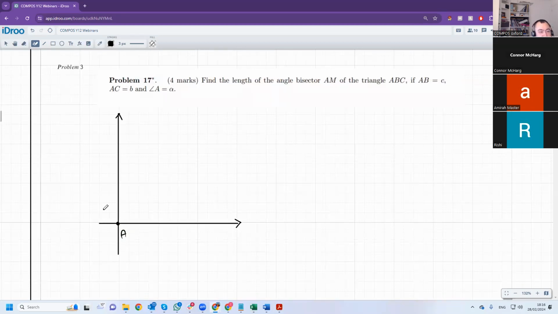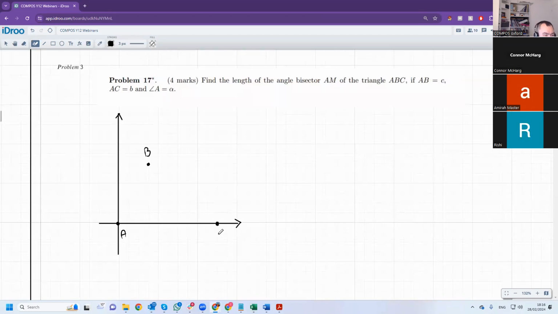You put A into the origin. B, well, what do we know about B? We know AB is c. We don't know where B is. And C, let's put it somewhere here.